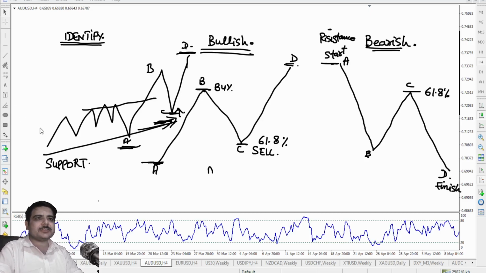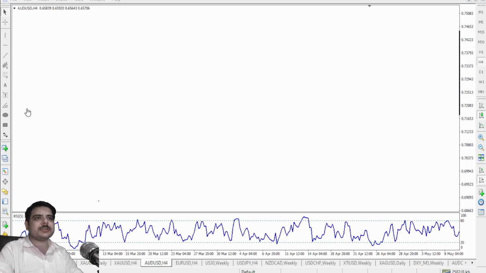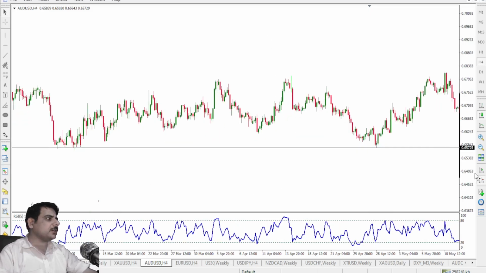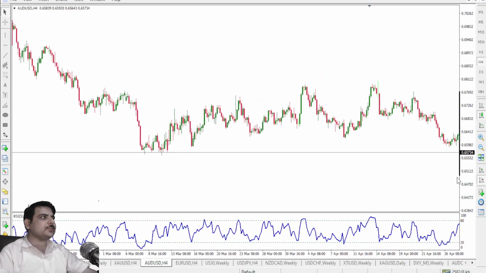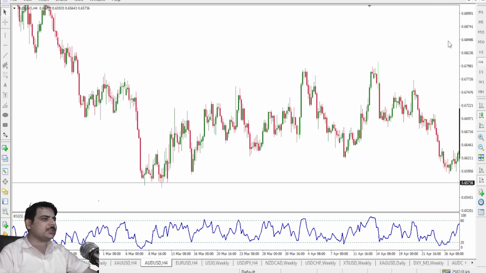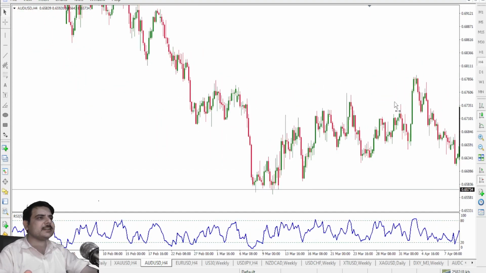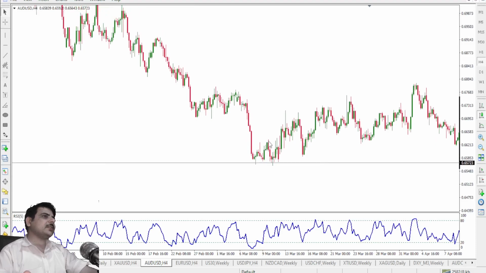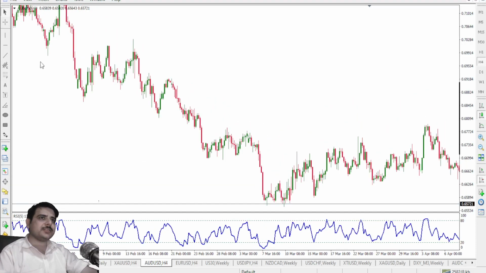Now I just want to show you this one, and you can easily do it with the Fibonacci tool. If you see right here, I have a chart, this is past data, and let's suppose there is one practical thing. You may say, okay Aftab, this is very simple.